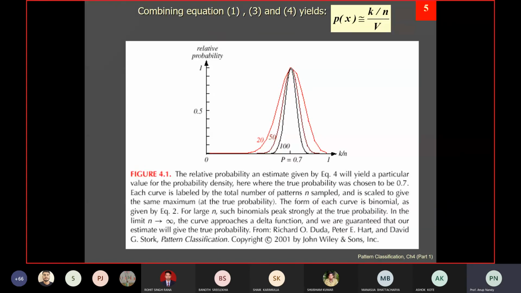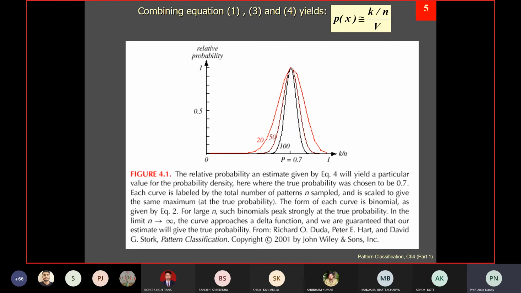Now if you combine equations 1, 3 and 4, you will have k by nV. As you can see, it is a relative probability estimate, as in the Duda Hart book. You can have a very sharp peak in this probability density, where the true probability was chosen as 0.7, and each curve is labeled by the total number of samples n, with the same maximum at the true probability.